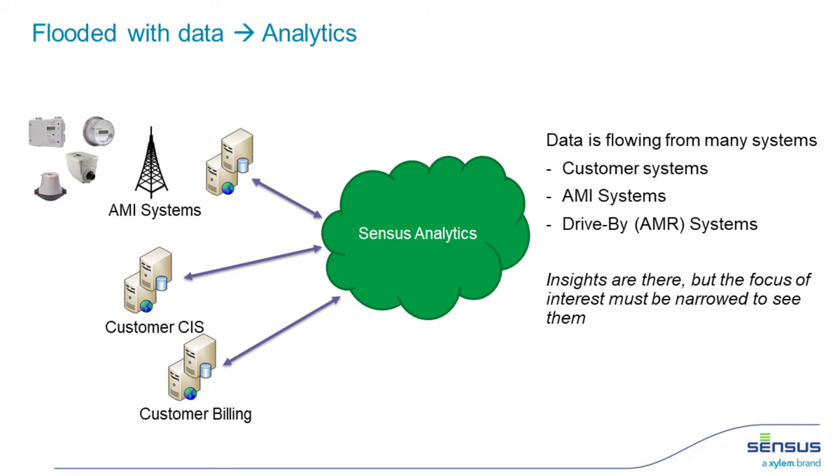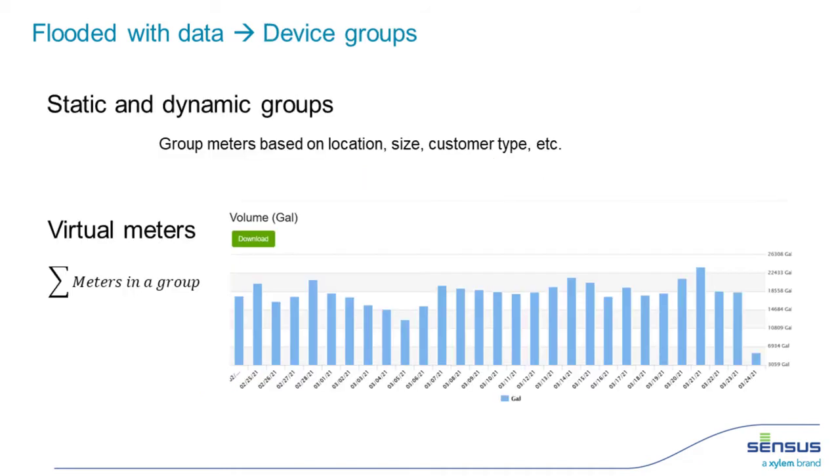Instead, we need that contextual data. So that's where the customer billing and CIS data comes in. And so we need to bring this all into a place where we can look at it together and aggregate it together. We need to leverage it in a single place. And so that's where analytics come in. So it's not just about the data itself, it's about contextualizing that data and making information.